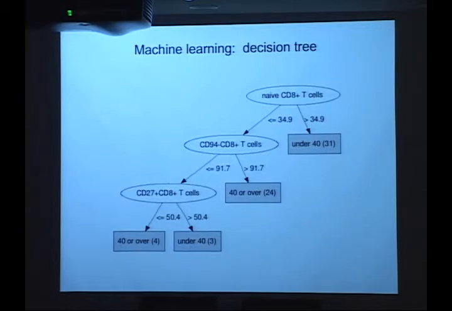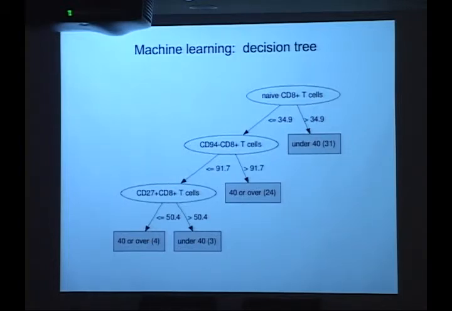So can the data tell us which subjects are over and which are under 40 based on their cell phenotyping? And as it turns out in this data set at least, these 3 different CD8 T cell subsets, using the breakpoints that are shown here, do a pretty good job of categorizing people into the subsets under 40 and over 40.